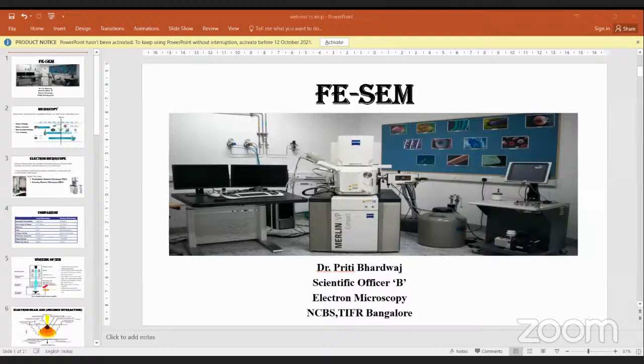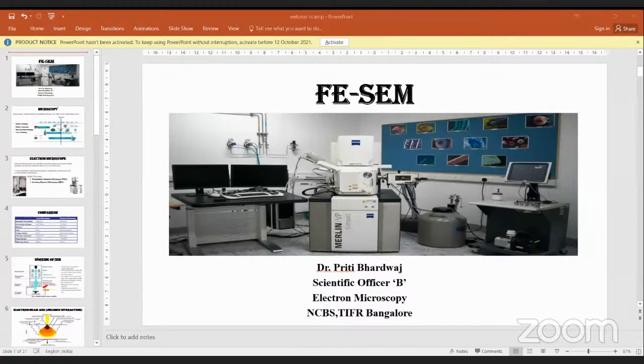This is the scale which shows different types of microscopes according to their resolving power. Based on their resolving power, microscopes are divided into four subparts: optical microscopy, electron microscopy, scanning probe microscopy, and the emerging X-ray microscopy.